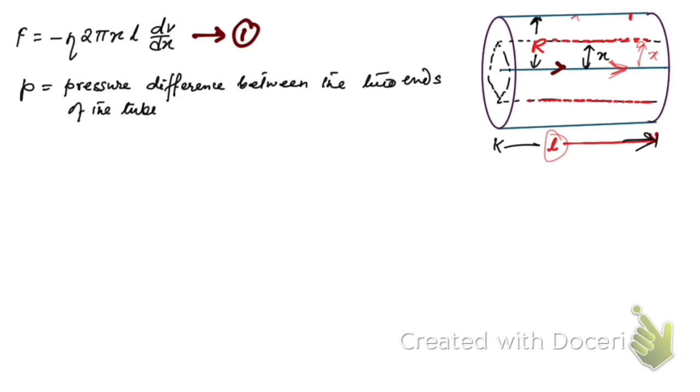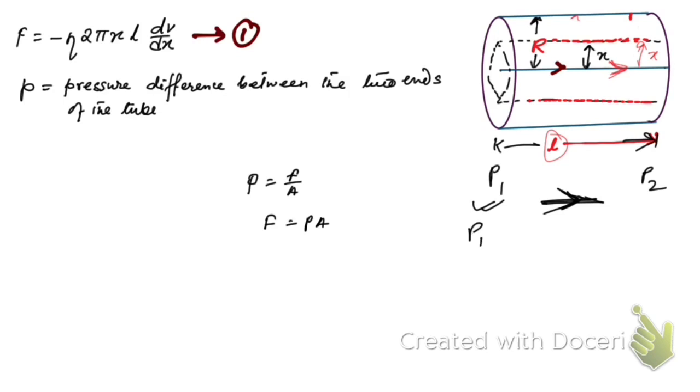Now we know pressure is force per unit area, that is force by area, so force is equal to pressure into area. Here the pressure is P1 at one end and P2 at the other, and if the liquid flows through the tube in this direction, then this pressure must be greater.